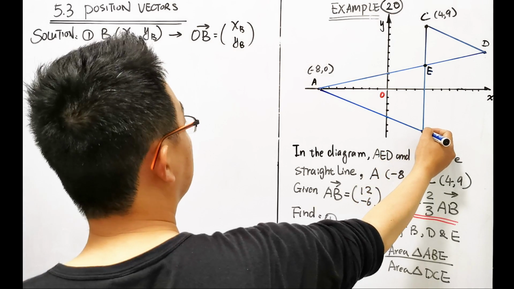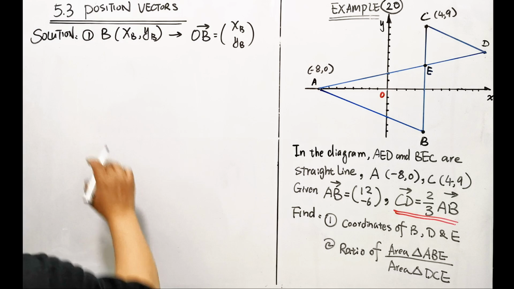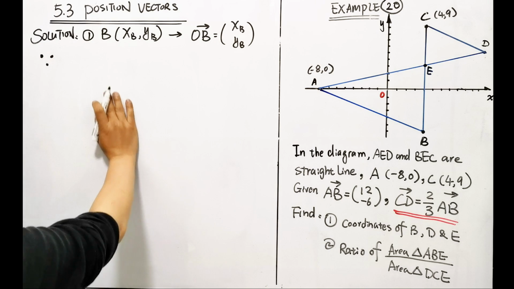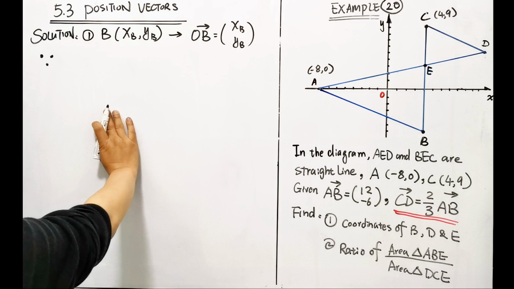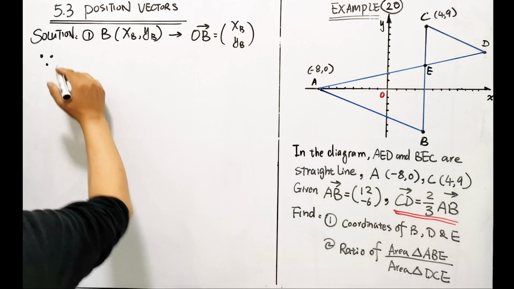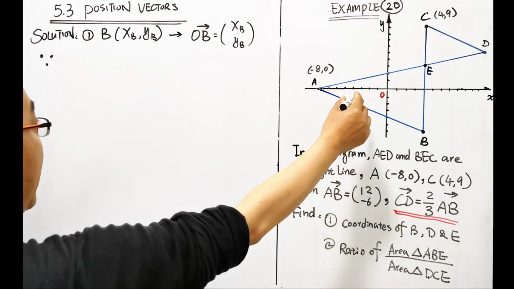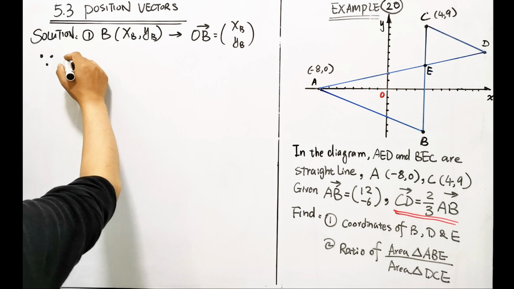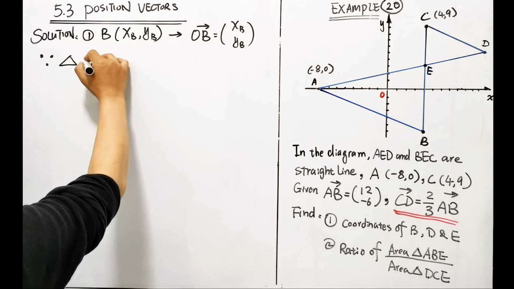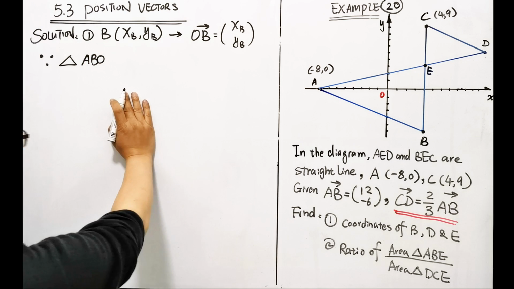Now we have to find the coordinates of B. Let's look at triangle ABO.